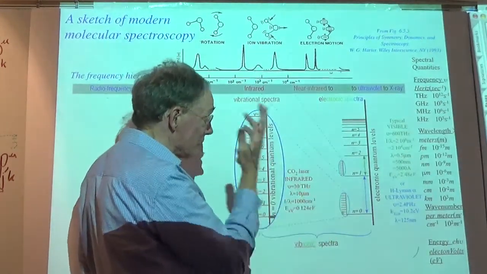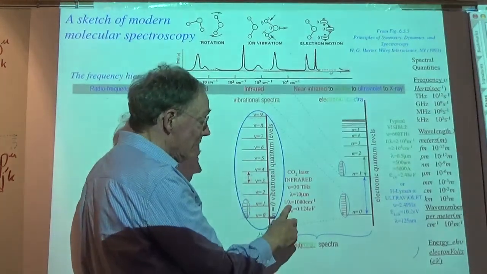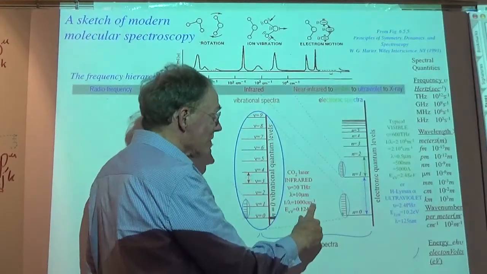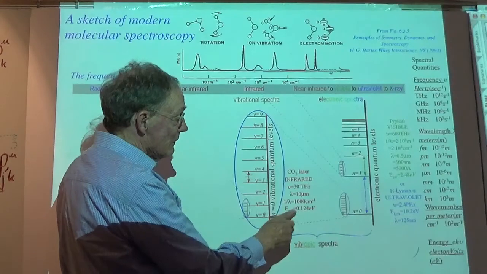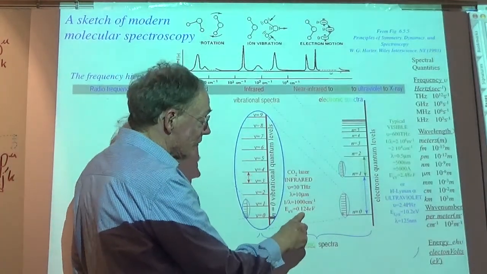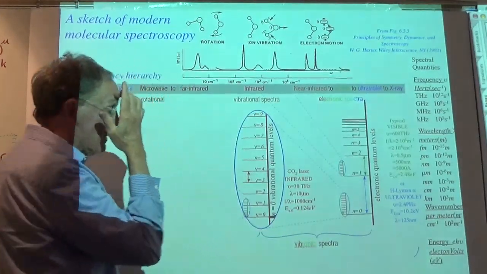For CO2, that's a very famous vibration. It has 1,000 waves per centimeter, that's centimeter inverse. And the electron volts, it's a tenth. I should say 0.124 electron volts is a 10 micron thing.